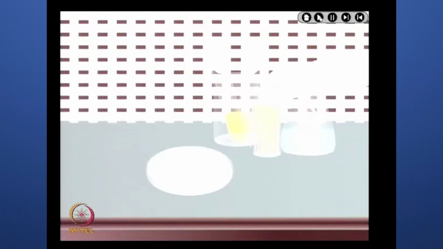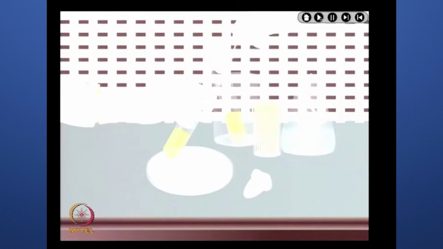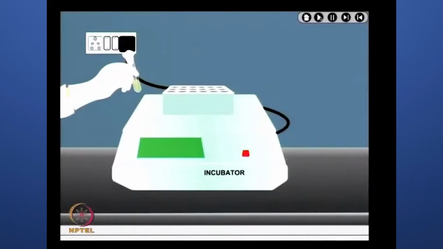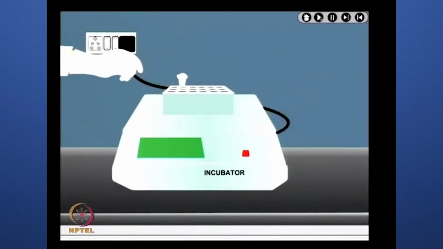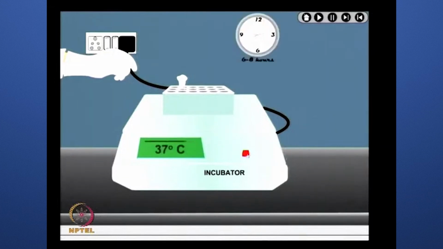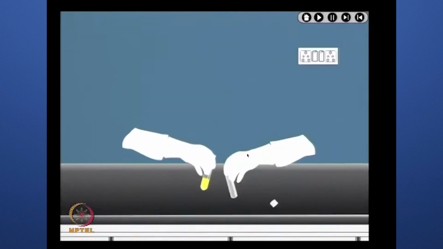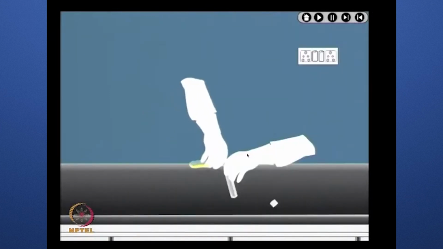For any bacterial proteome analysis, first you need to grow the bacterial cultures on LB media containing suitable antibiotic. Now, the proper 37 degrees temperature is provided for overnight or 6 to 8 hours of growth.